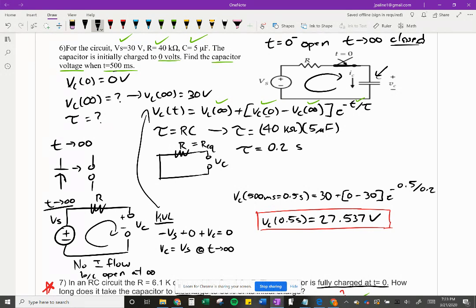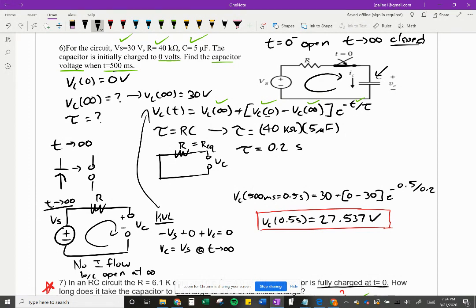We're going to take it with respect to that capacitor, right here, and we see we only have one resistance, so that resistance is our R equivalent. We'll plug that into tau. Tau is equal to 40 kiloohms times 5 microfarads. Multiply those two together, and that gives us 0.2 seconds. The unit for time constant is seconds.